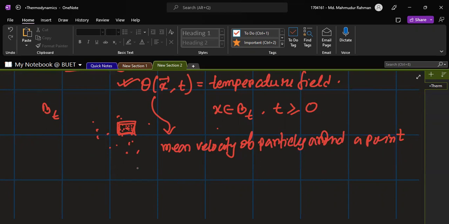Now, it also tells us about the variation of the atomistic velocity near a point. So what is heat that we associate with the temperature field? Heat, we denote it by Q, or we also call it heat content.